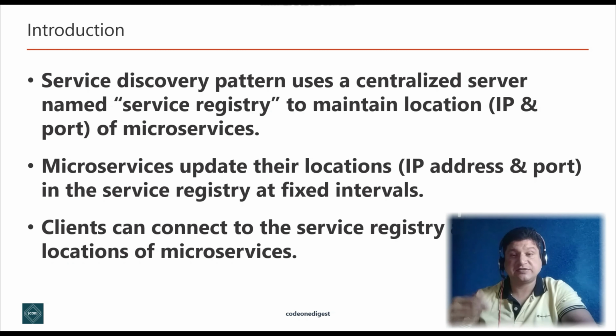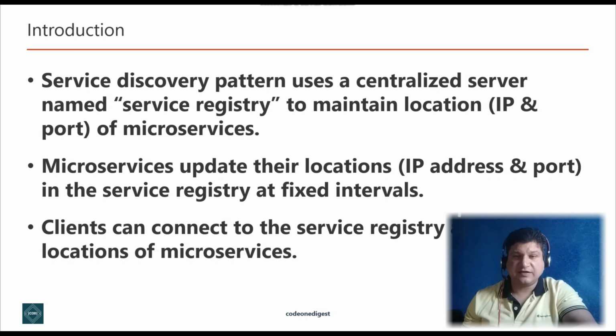Hence, the IP address keeps changing for these microservices. So in that scenario, we cannot rely on fixed IP address information. There should be a repository where this IP address and port information is available and up to date, and services themselves are updating this information into a central repository at regular intervals.